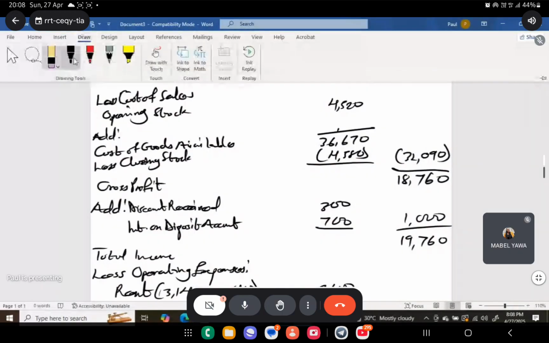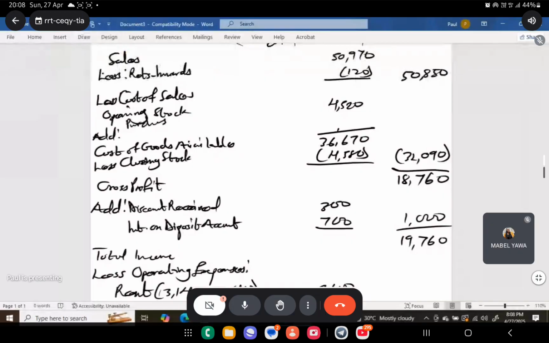So, if you miss something, add purchases, that's 32,150. Then we add the expenses on purchase.